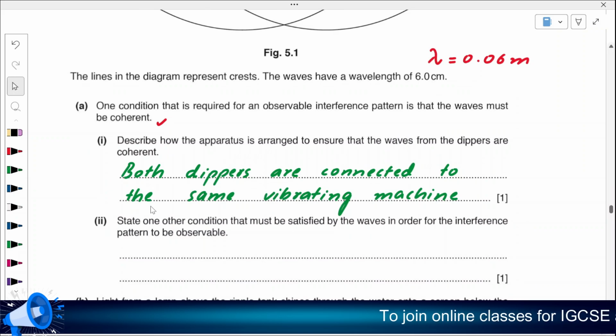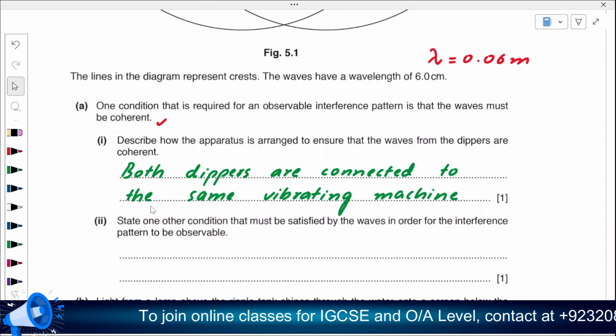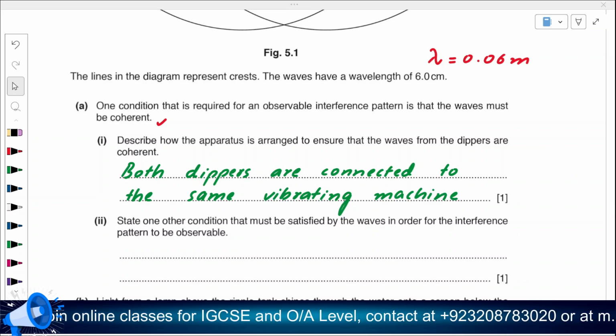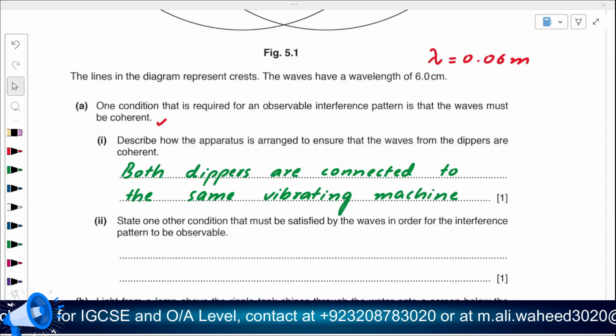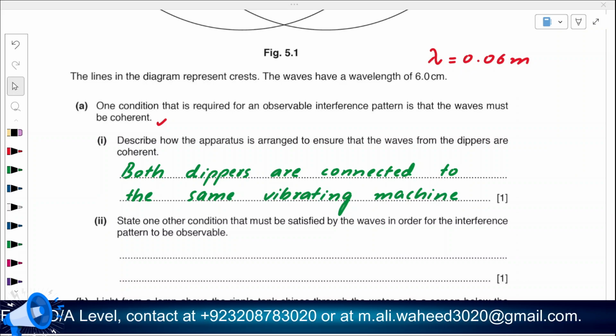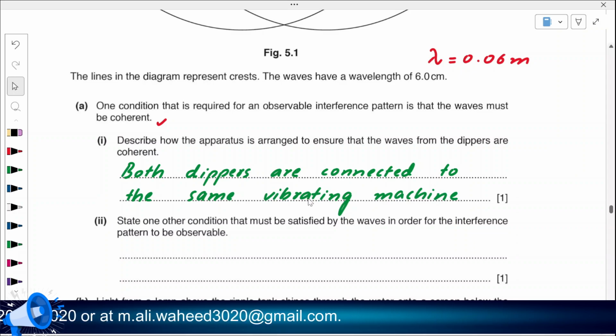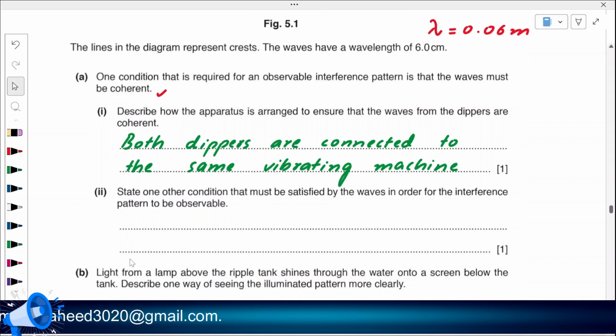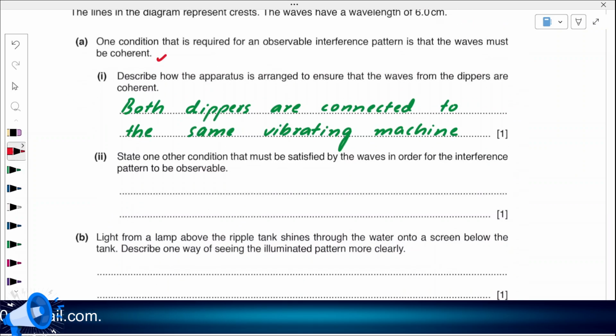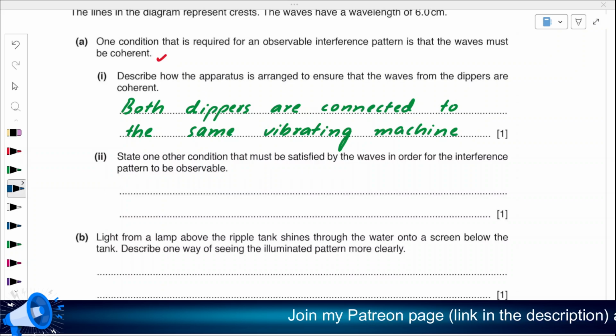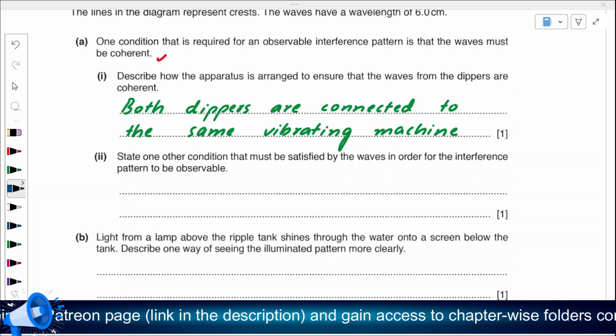State one other condition that must be satisfied by the waves in order for the interference pattern to be observable. So what we can add is the two waves should also have the same amplitude.